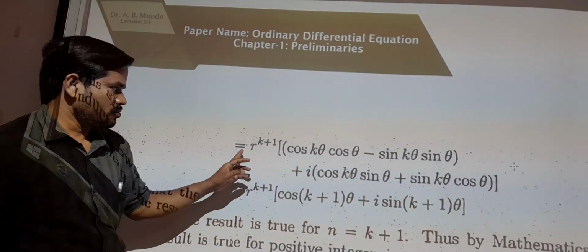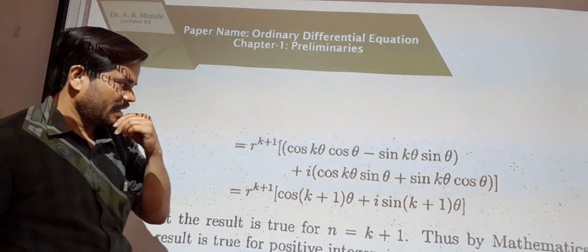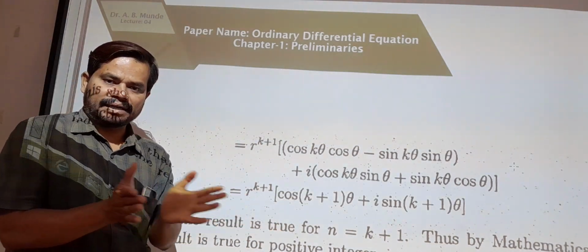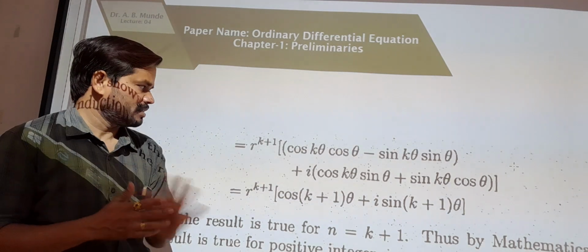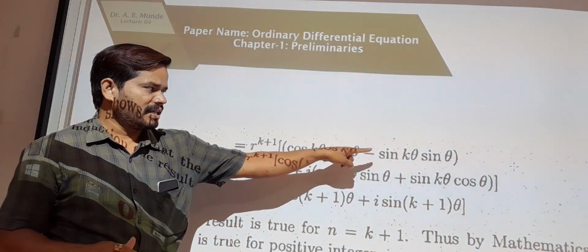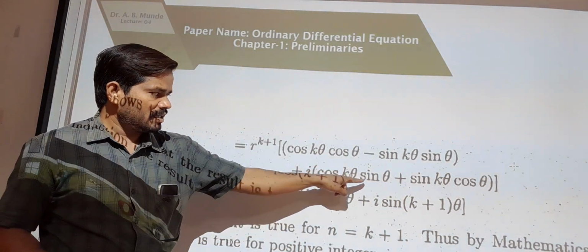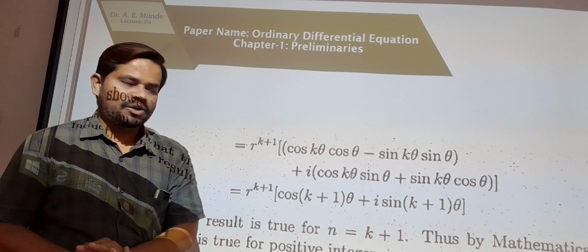Which is equal to r raised to k plus 1, you can collect the terms of the real part and collect the terms of the imaginary part. So here it is cos k theta cos theta minus sin k theta sin theta plus i in bracket cos k theta sin theta plus sin k theta cos theta.